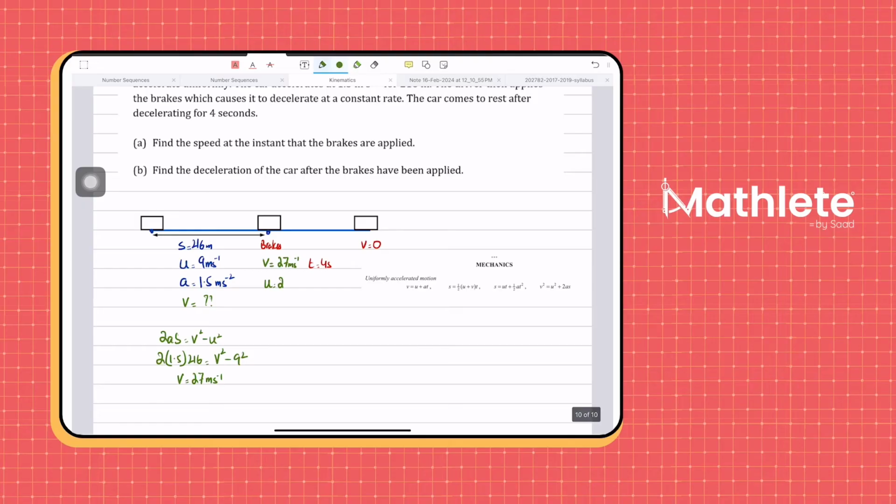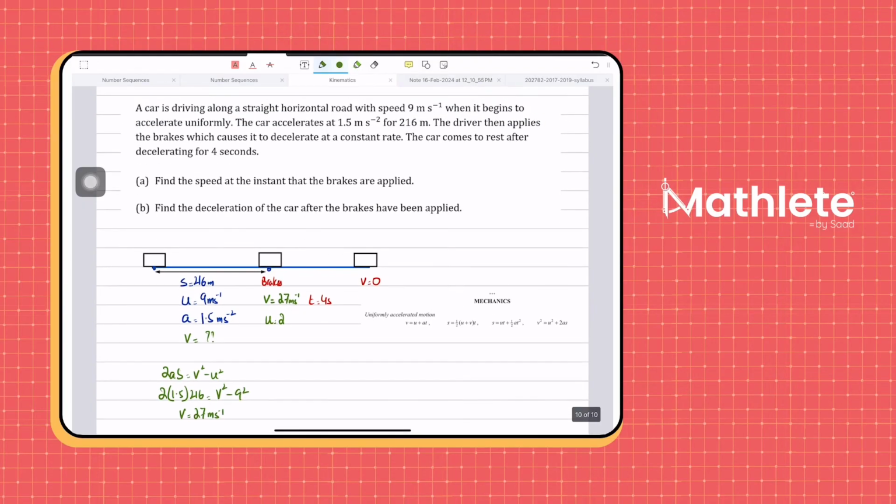But the distance is for the entire journey, 216 meters. No, the distance is not of the entire journey. The distance is for as long as the acceleration is 1.5. It says the car accelerates at 1.5 meters per second squared for 216 meters. The driver then applies the brakes. So after it has traveled 216 meters, that is when brakes are applied.